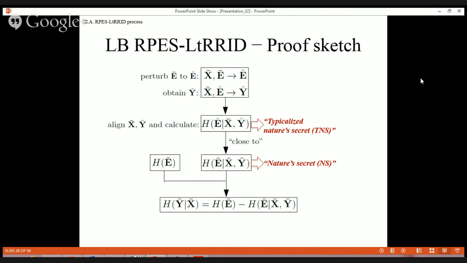Here is the proof sketch for the lower bound of the random model. As we described in the previous slide, we first perturb the edit pattern to a typicalized edit pattern, and we obtain the typicalized post-edit sequence from X and E hat.